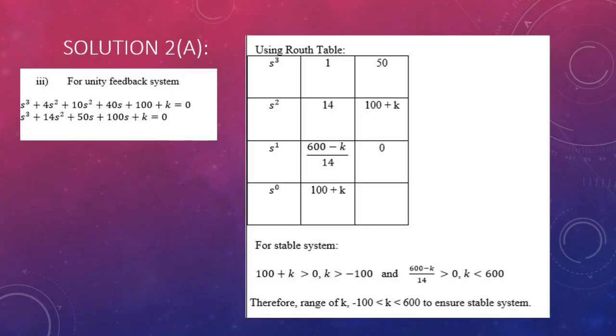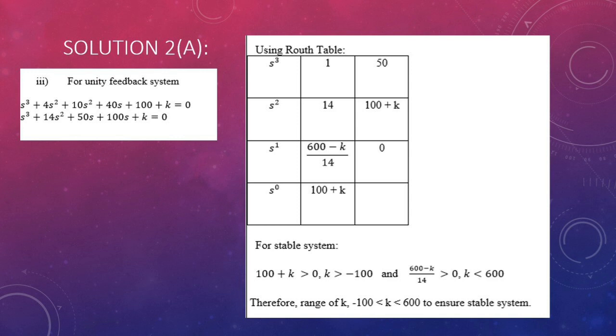In Roman 3, we are required to find the range of gain K to ensure stability. In order to find the stability of the system, we have to use the Routh table to find the range of K for a stable system. As you see in Roman 3, I have stated the characteristic equation of the unity feedback system, s to the power of 3 plus 14s squared plus 50s plus 100s plus K equals 0. Beside it is a table used as the Routh table.